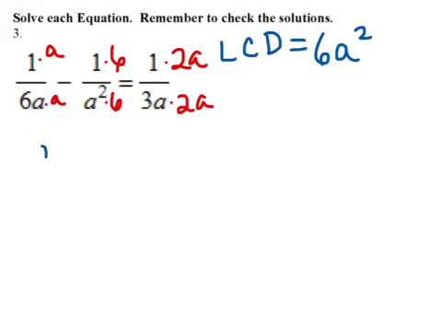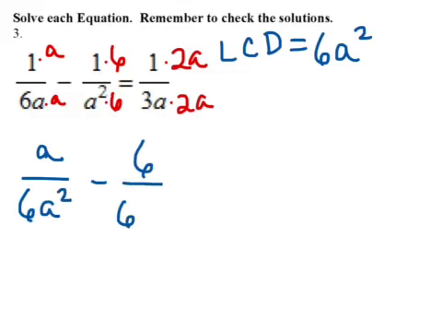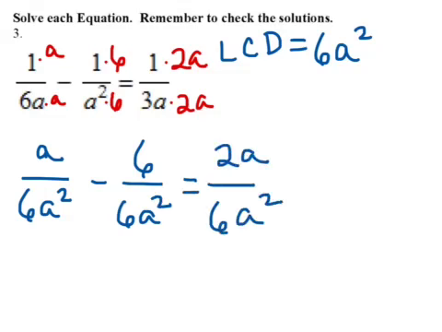So we have a over 6a squared minus 6 over 6a squared equals 2a over 6a squared. Now that we have an equation with like denominators, we may now eliminate that denominator.